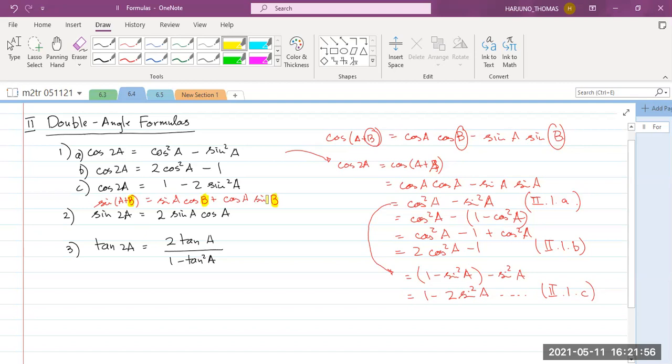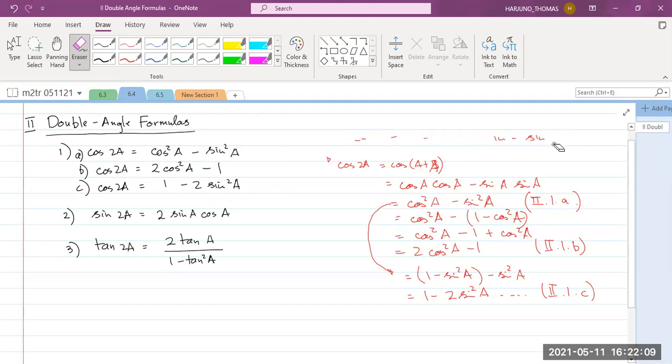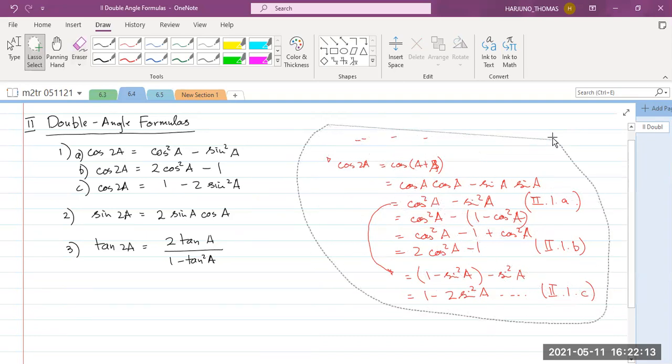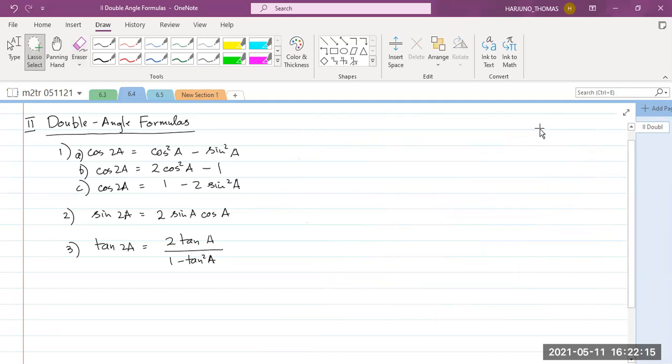Okay, then you get that formula. Likewise, for tangent 2a, you actually do tangent a plus a. So the same work as what we did here. Those are the sketches of the proofs. I will not prove them precisely again.